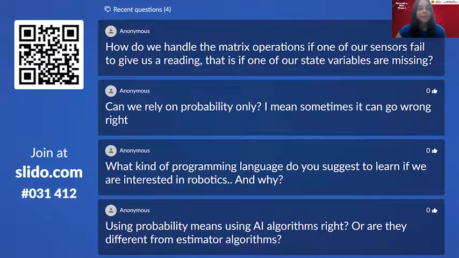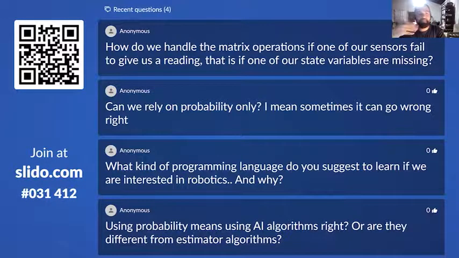And the first question is, how do we handle the matrix operations if one of our sensors fails to give us a reading? That is, if one of our state variables is missing. Yeah, so usually the update step is done when you get an observation, right? So it's usually handled step by step.